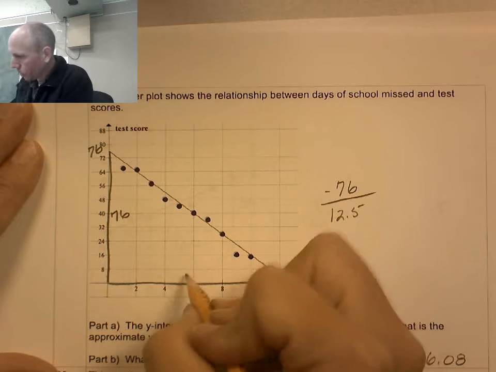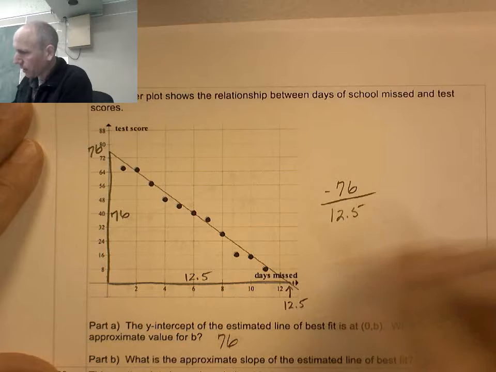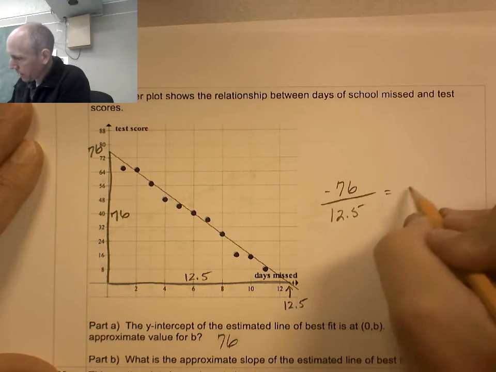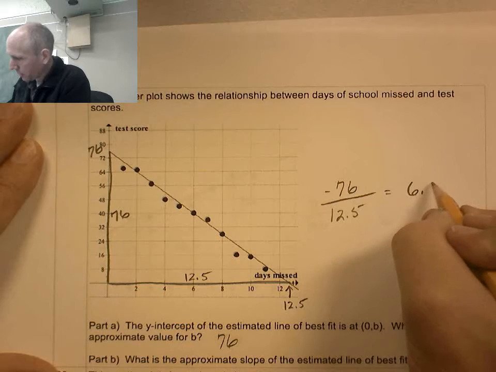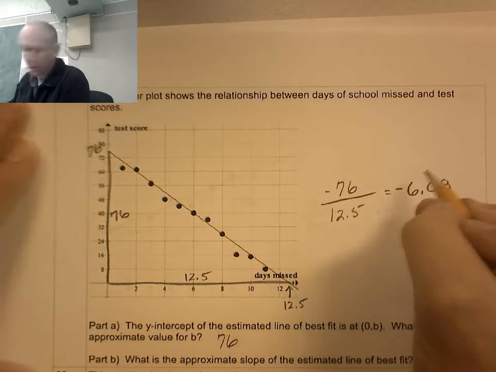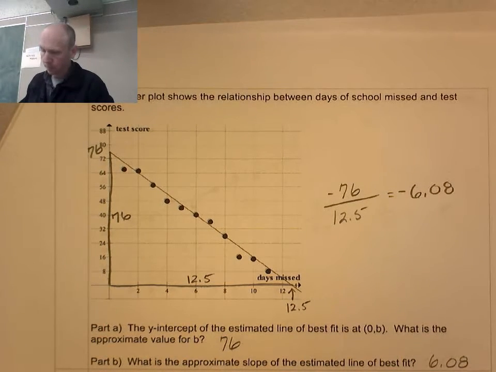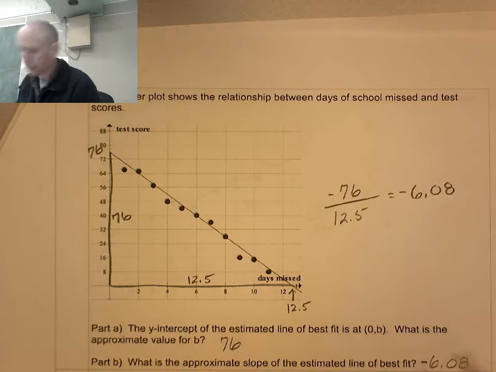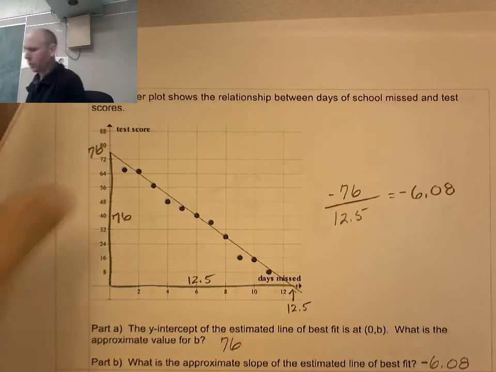I said this was going to about 12.5. 76 negative once again over 12.5 gave me negative 6.08. I'm going to check that. Yep, and let me put a negative on there. Okay, next one.